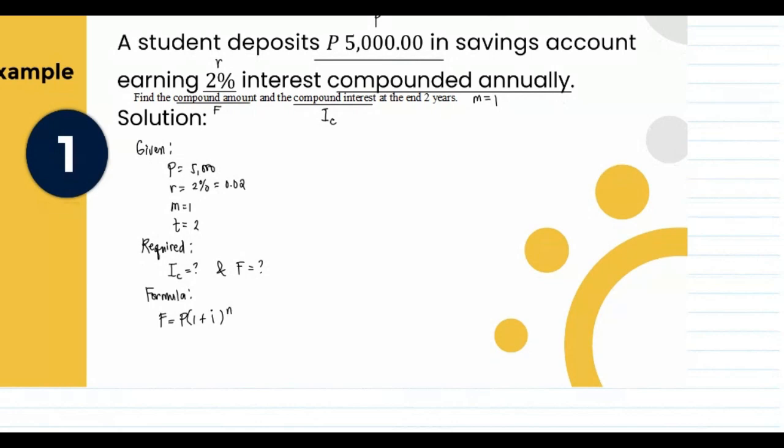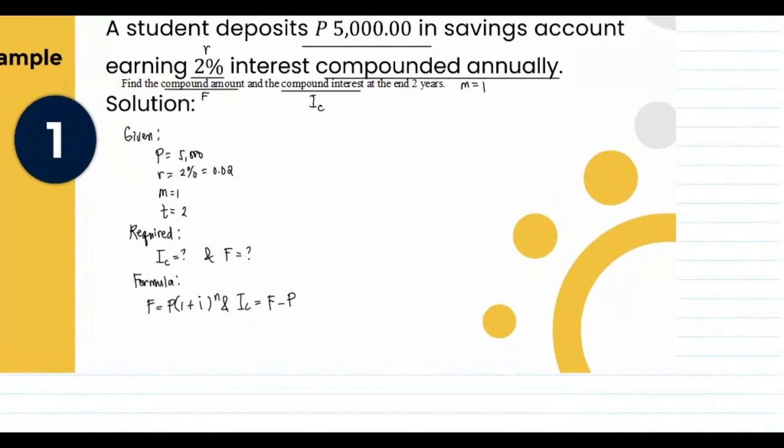So what we are going to do is mathematically create an equation for that one. Let's say yung ating I sub C is the compound interest, yung F is the compound amount, tapos yung P is the principal. So if we are finding for our compound interest, again, we are subtracting our principal amount from our compound amount. So for this case, compound interest is equal to F minus P.